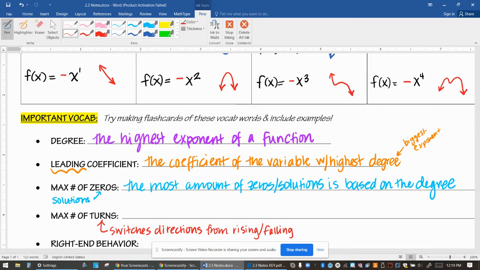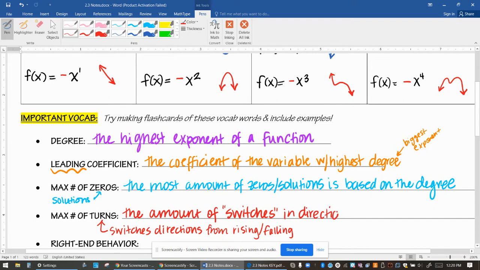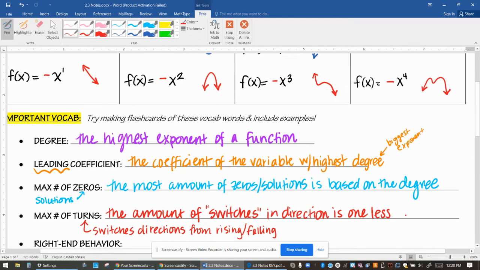Now, the max number of turns has to be 1 less than the degree, okay? So the amount of switches, I'll call them switches in direction, is 1 less than the degree.